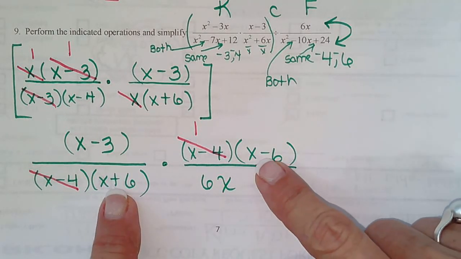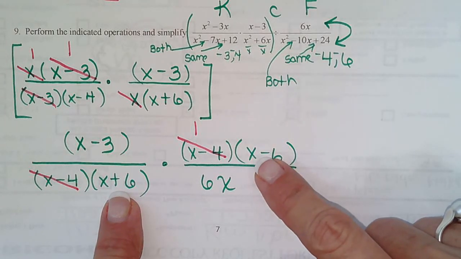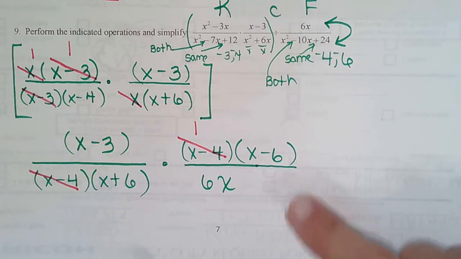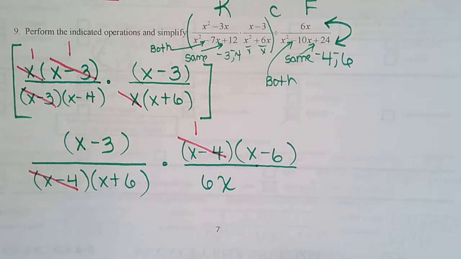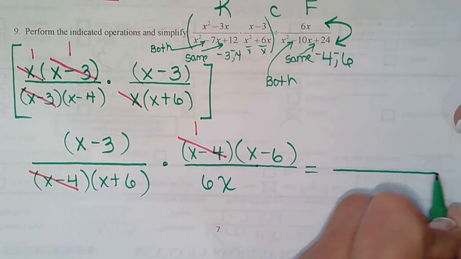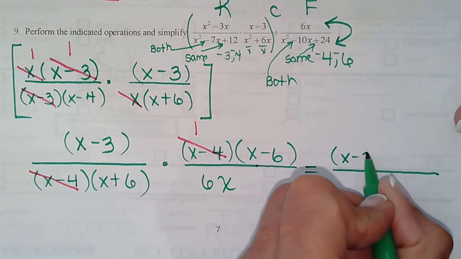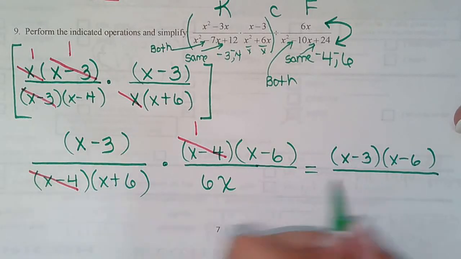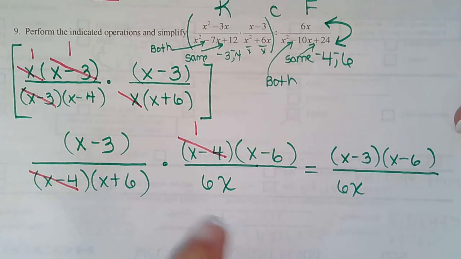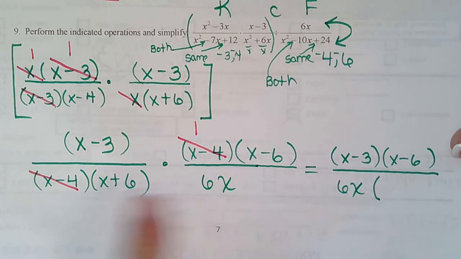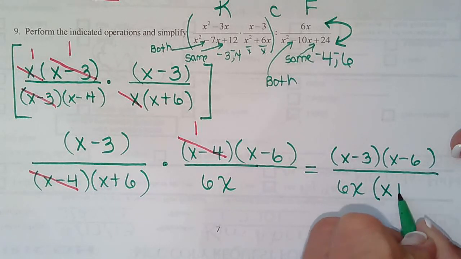We can't do this. These aren't opposites because this one is -6 and positive x. This is positive 6 and positive x. So the x's don't have different signs, so they cannot cancel. So it's looking like x minus 3, x minus 6. And then usually when we have a monomial, which means one term with no addition, subtraction, anything, that goes in front, and then x plus 6.